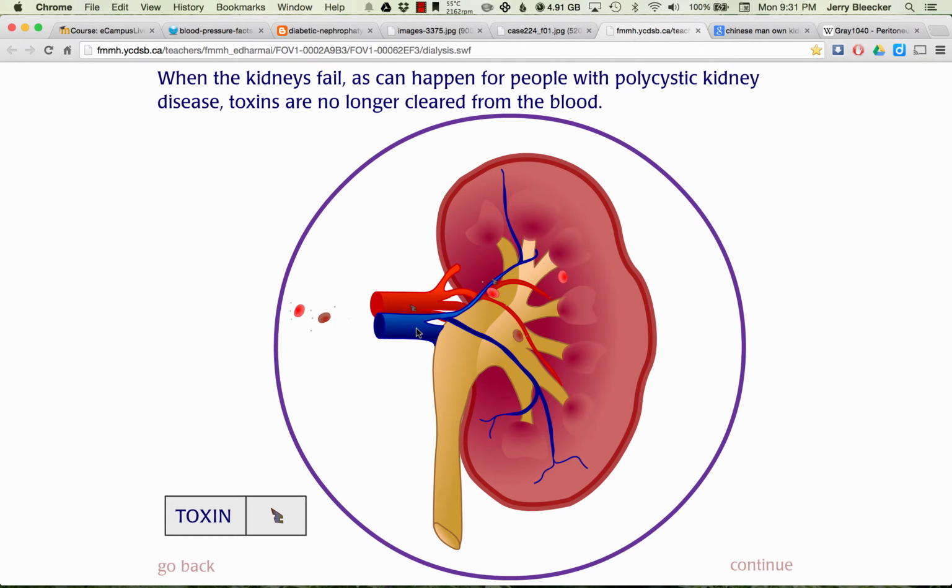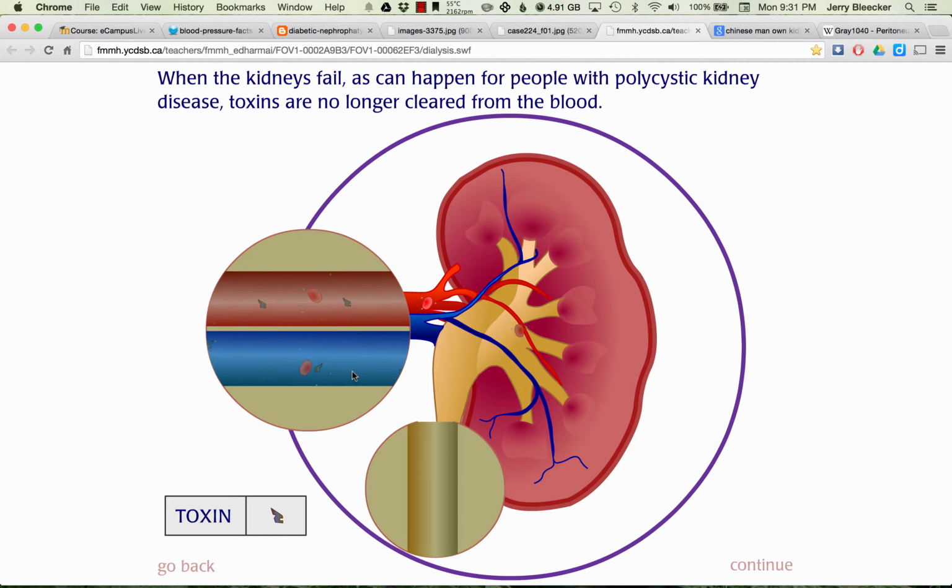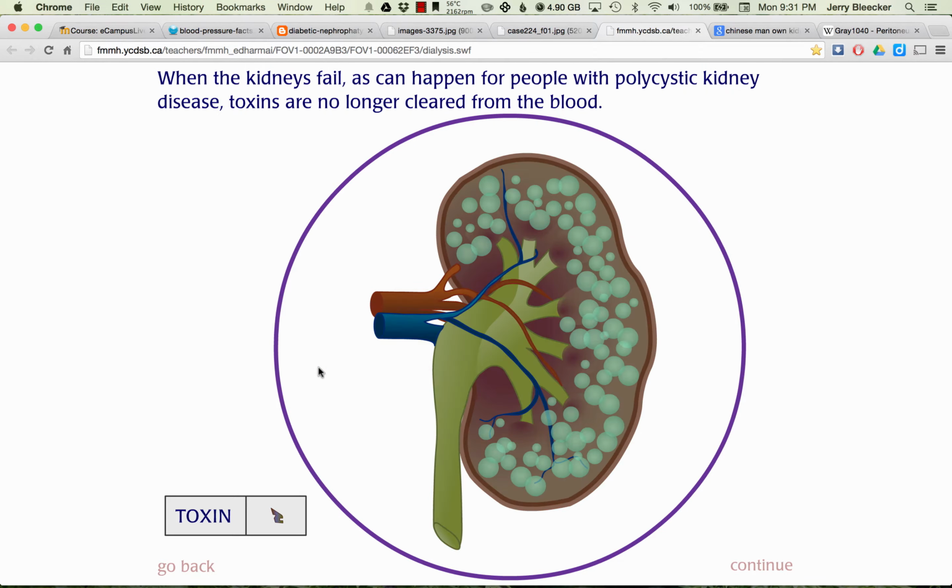Now, this is where you refer to the purest blood in the body. At this point, what should be happening is you shouldn't have these little toxins, these little gray things. That's not what you want. And in the case of polycystic kidney disease, if you take a sample of blood leading back to the heart, you should be seeing this.